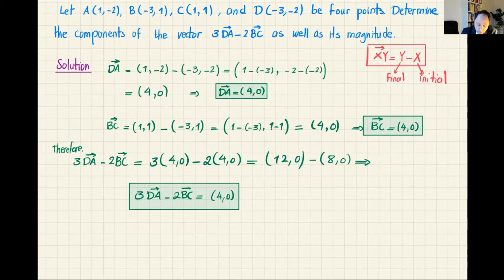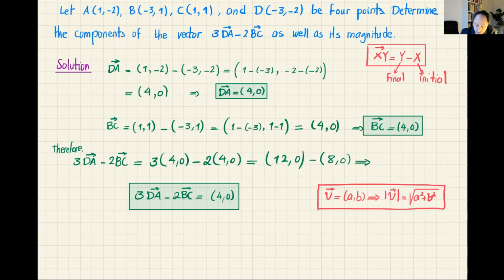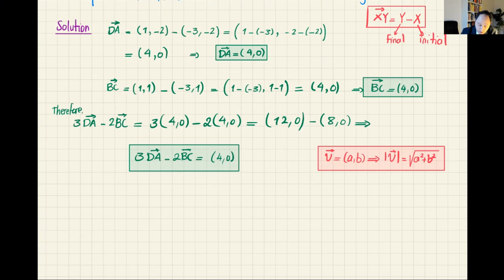The second part, we are also asked to calculate the magnitude. So if I remind you, do you remember that if I have a vector V with components a and b, last time we learned that the norm or the magnitude of the vector V, we can use Pythagoras theorem to calculate it in this way. So that is also one formula we had before. So now I use this formula to calculate the magnitude of this vector.